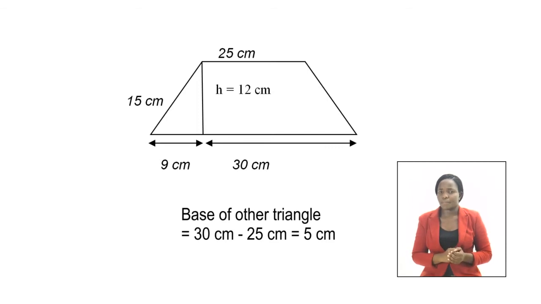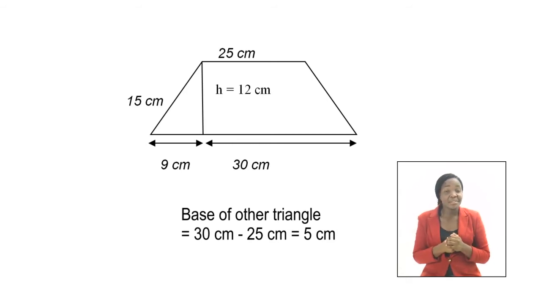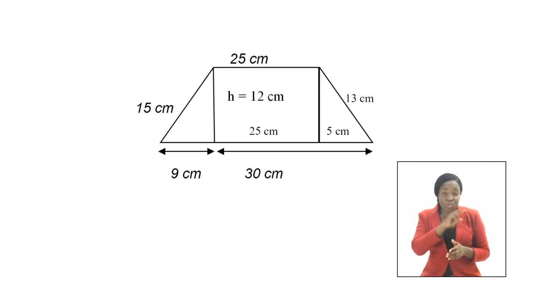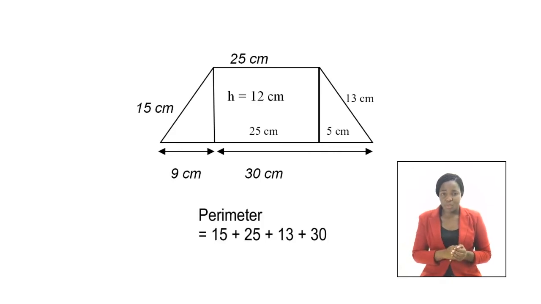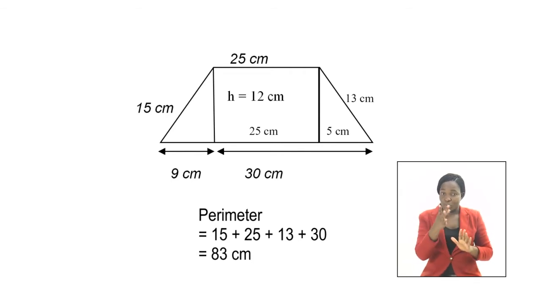Now we use Pythagoras' theorem again. I'll race you, Ben. Who can find that missing side the fastest? Sally, 13 centimeters. Now we have all the sides, so the perimeter will be equal to 15 plus 25 plus 25 plus 13 plus 30, which is 83 centimeters.